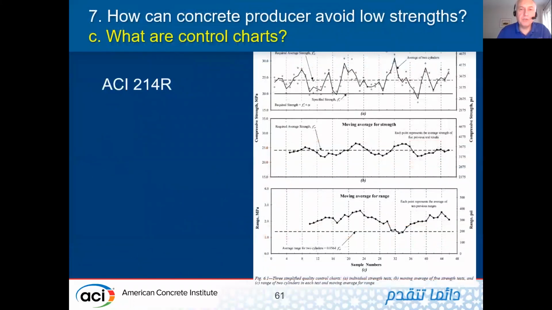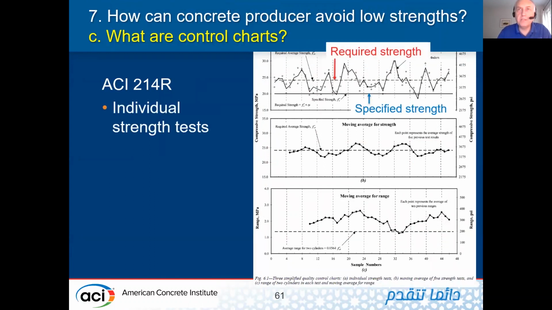And that brings us to control charts. This is something that concrete producers often do. When you look at the individual strength tests, you graph your specified strength, you look at your required average strength and you plot it so you can see where you are and how things affect your strength values, maybe weather patterns, maybe timing, how long it takes to get to the laboratory, all these things.